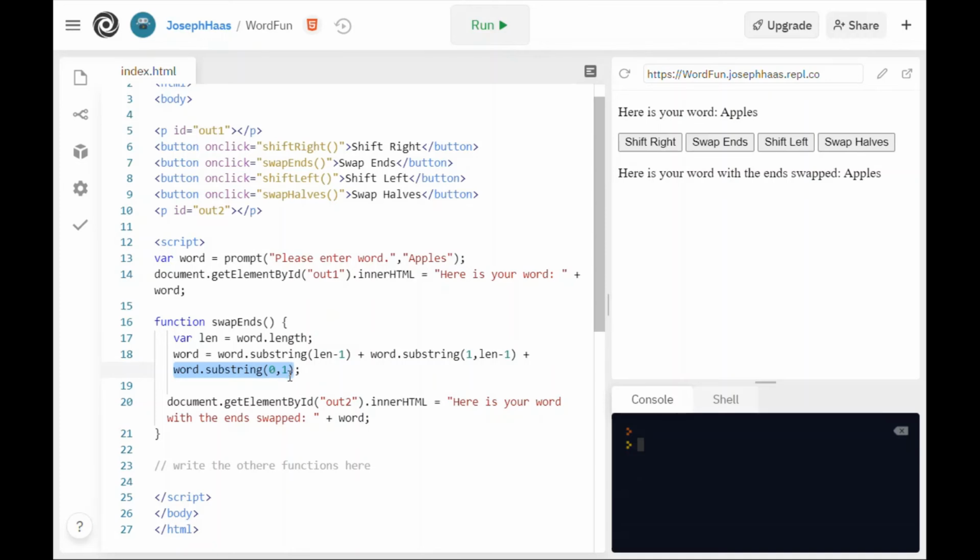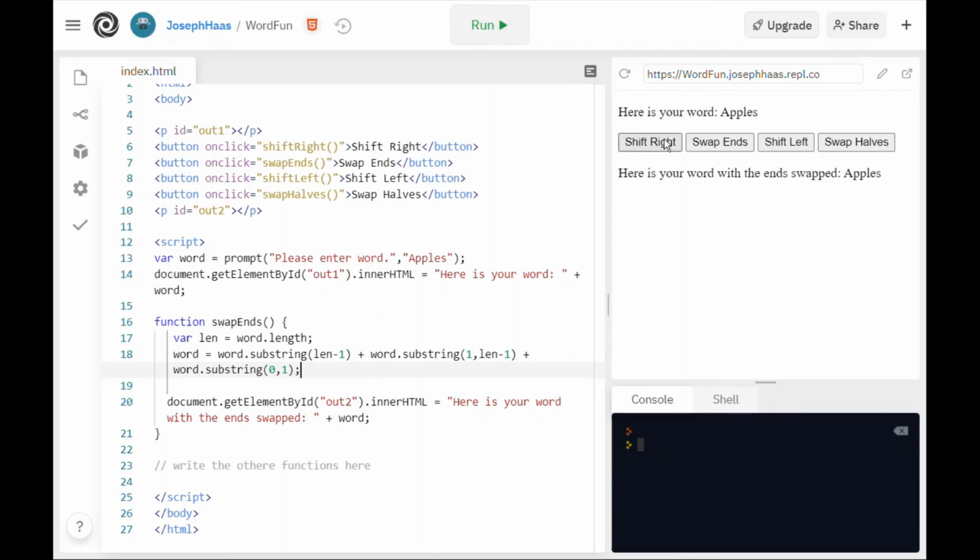That's the first letter of the word. So that's how these ends are being swapped. And actually, I can run swap ends, and you can see the A and the S are being swapped, right? So again, to swap ends, I'm concatenating the last letter plus the middle part of the word plus the first letter together.